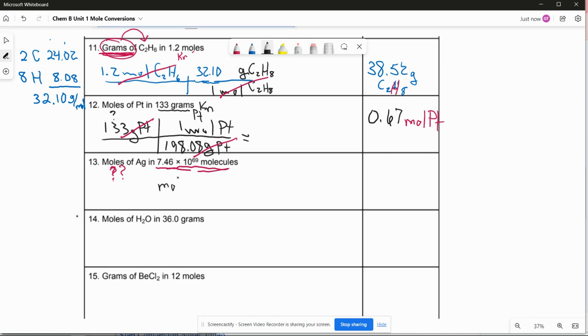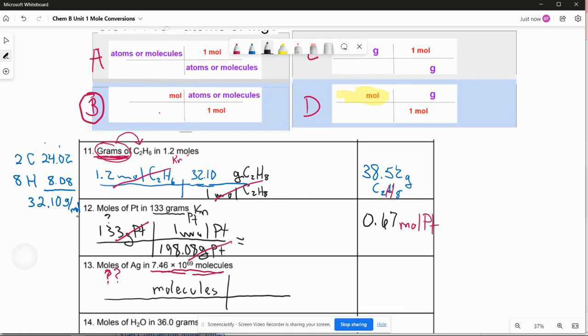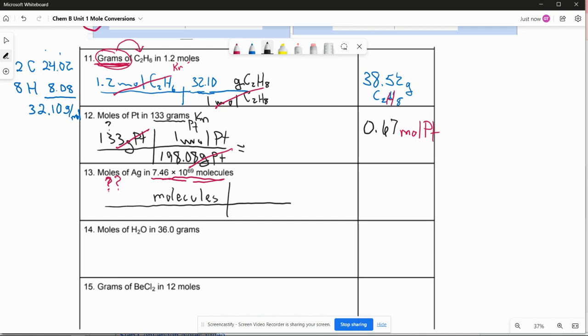Remember, I cannot abbreviate molecules with MOL because that means something totally different, right? So I'm going to put molecules there, just like it was in the formula up here. I'm going to put moles on the top and molecules on the bottom. And it was 1 mole on the top.